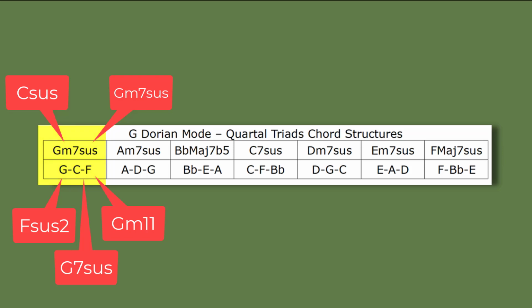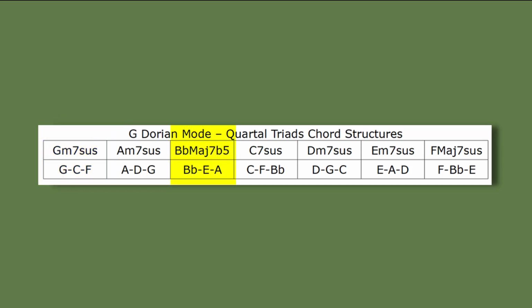Let's take chord 3 for another example. This chord could be thought of as B flat major 7 flat 5, B flat major 7 sharp 4, B flat major 7 sharp 11, or even as C13.